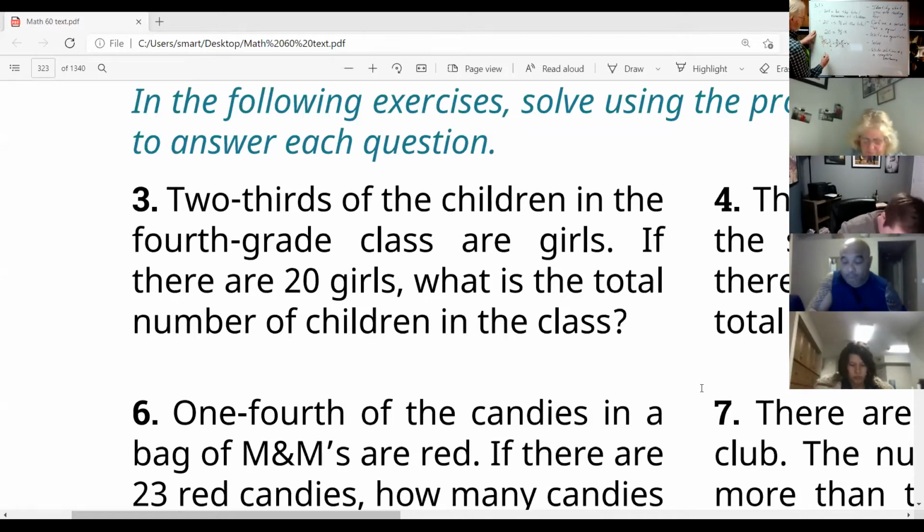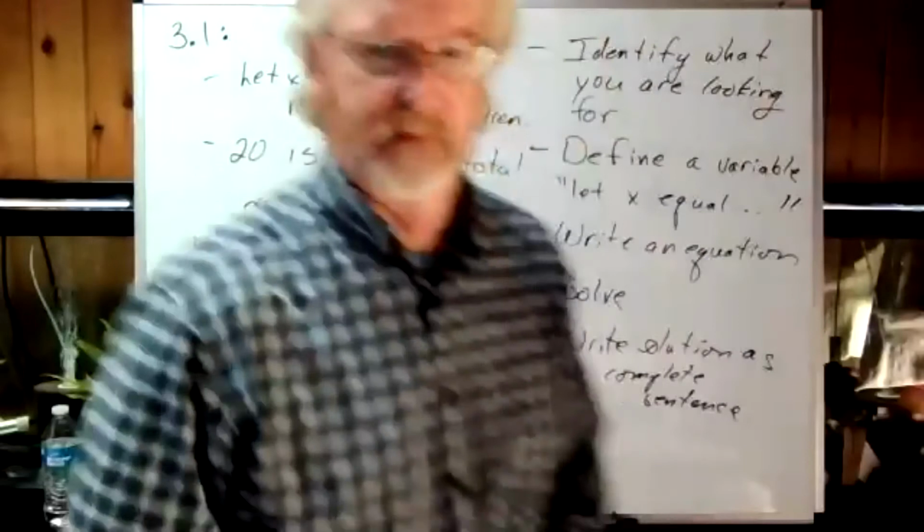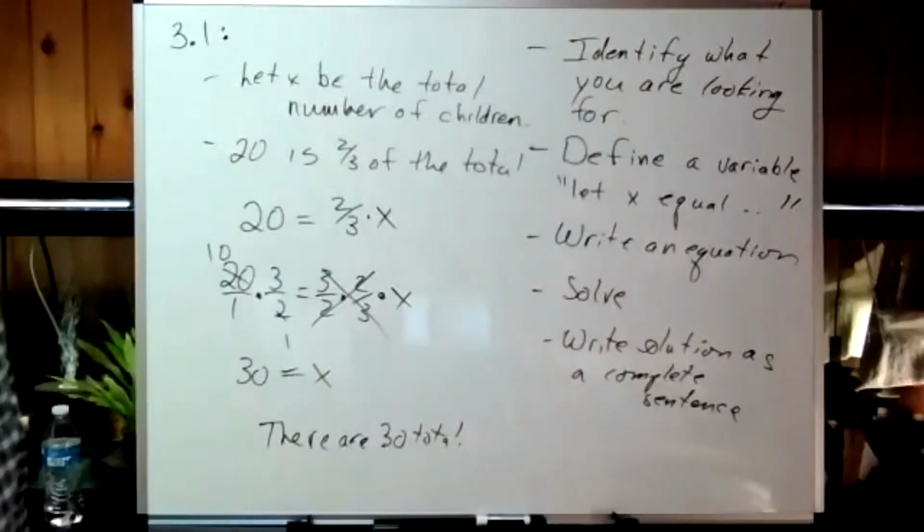Simplify and say, I come up with x equals 30. And finally I say, there are 30 total, abbreviating a bit. Now I'm going to stop my share and look at my board for a second, see if that looks like what you did. Not too messy, I hope.